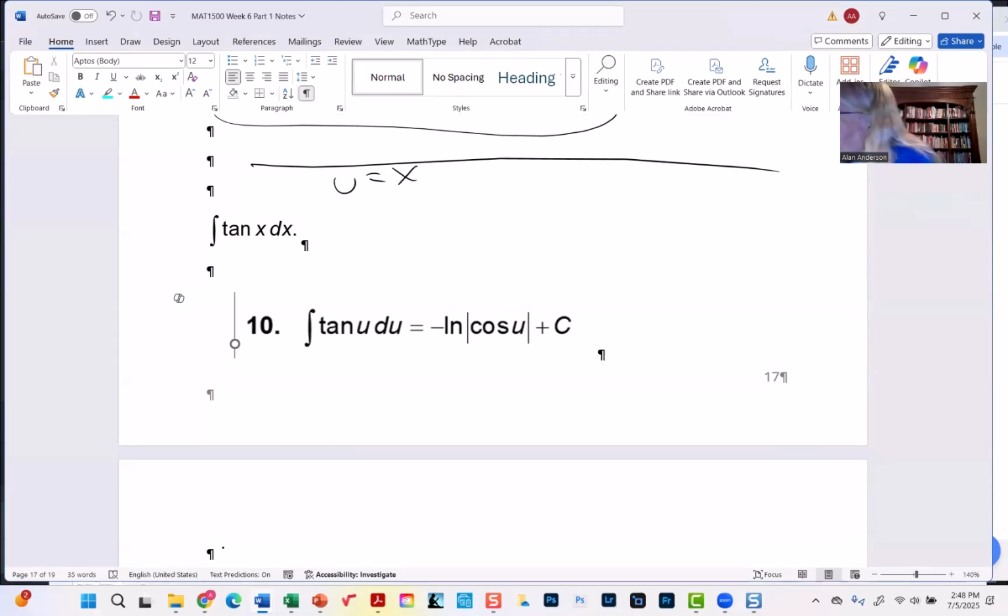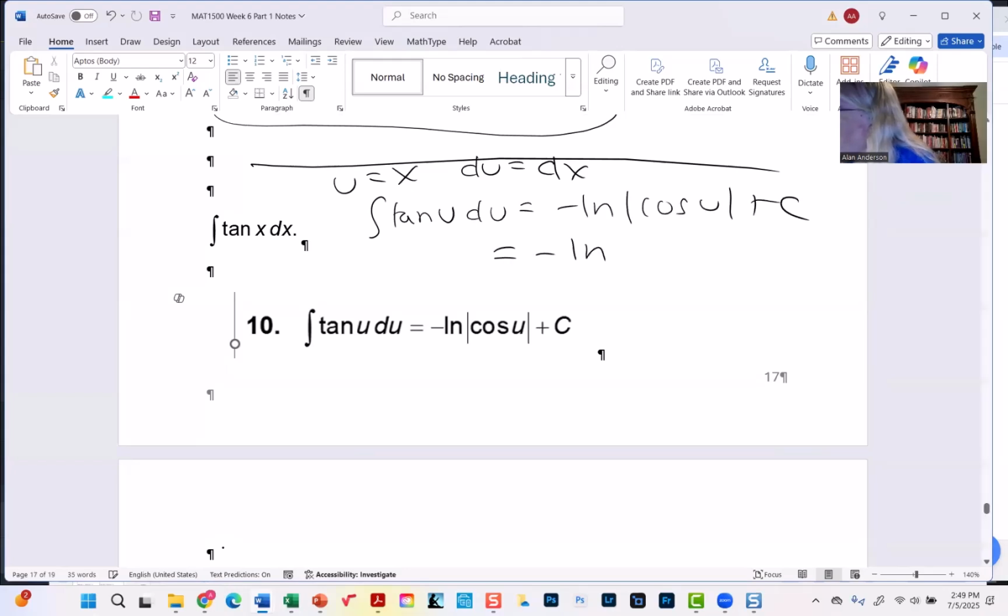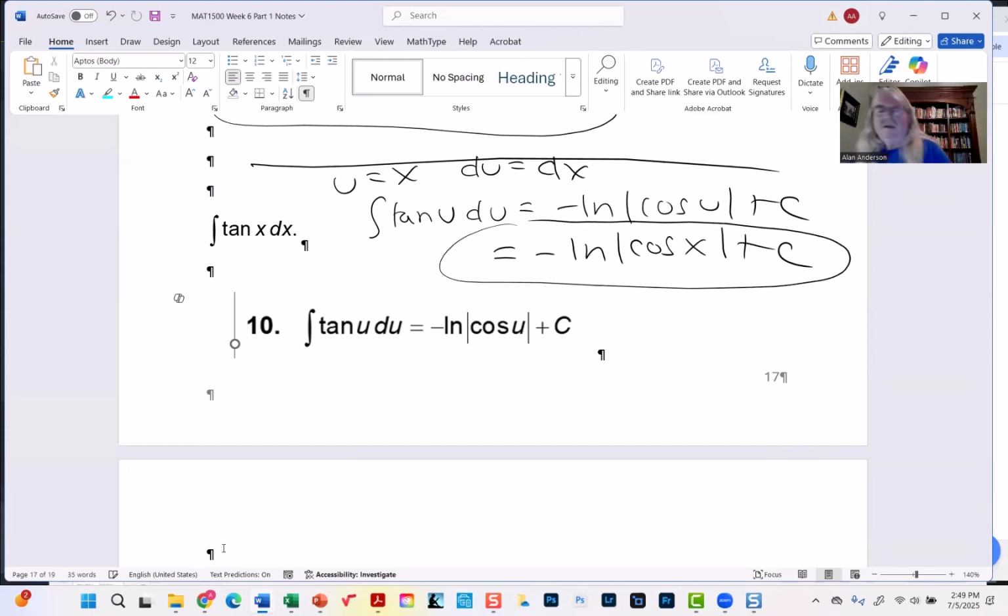So that indicates that du is dx. All right, that's all there is to it.